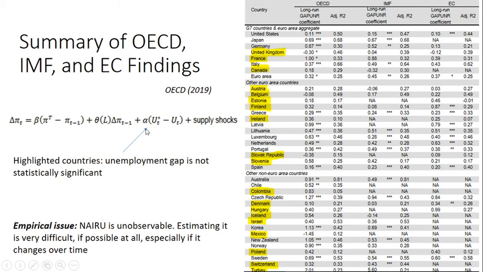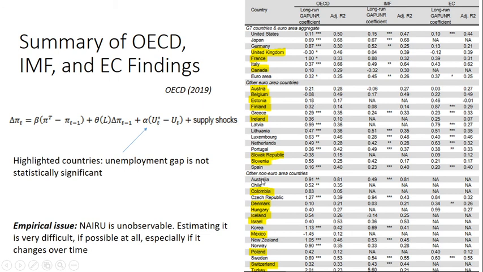But prediction B is that we expect it to be statistically significant if it is genuinely relevant for explaining inflation. But as we can see from this summary of the work done, the coefficient on this unemployment gap variable is either negative, as in the case of the UK at the 10% significance level, or simply statistically insignificant, as in the case of Canada, Austria, Belgium, Estonia, France.